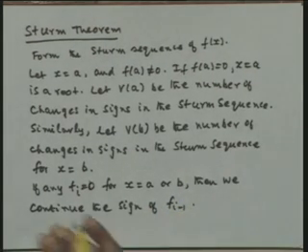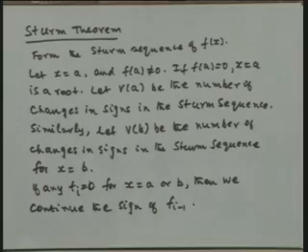That means in the Sturm sequence f1, f2, f3, if we get any f_i equal to 0, we just take the sign of the previous function and continue counting the changes in sign.